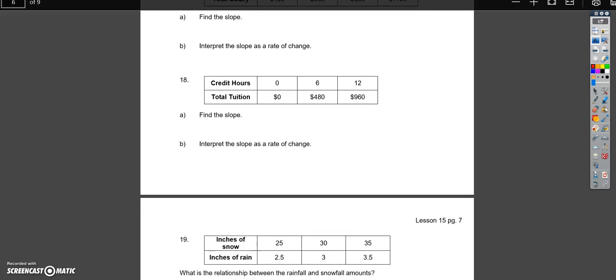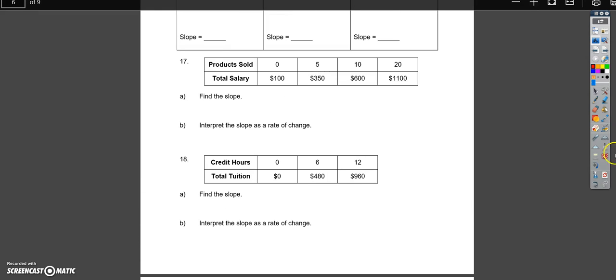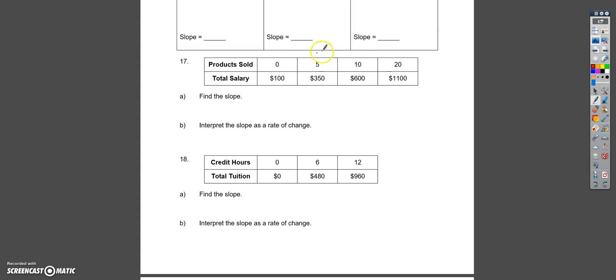All right. 17 and 18. It says find the slope. So we can pick 2 points and find the slope. I'm going to pick this one and this one. So I'm going to use this as x2, y2, and this is x1, y1.